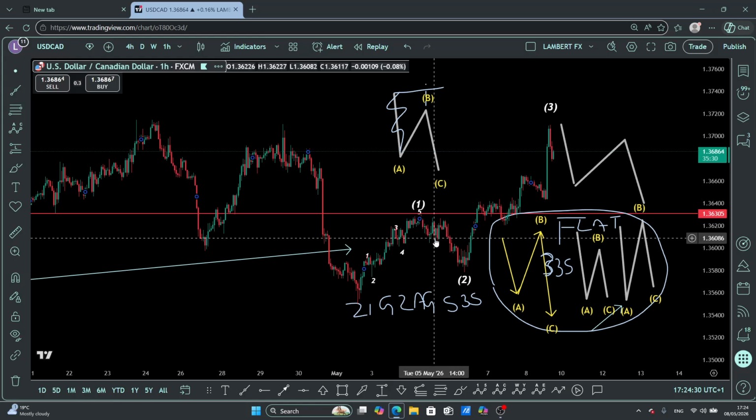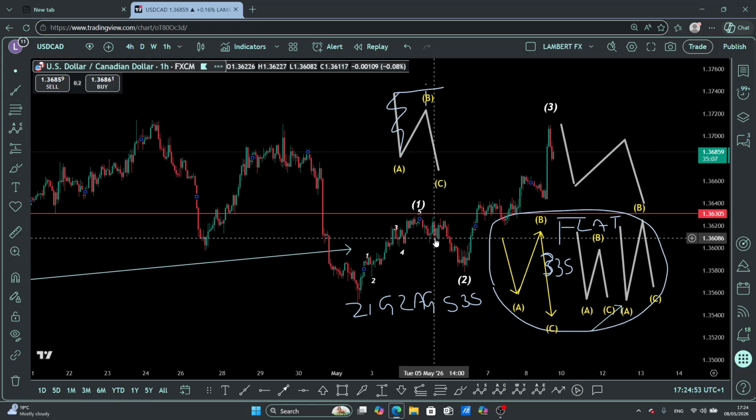But in general we have three types of corrective structures. We have the flat, we have the zigzag, and then we have the triangle. Those are the three types of corrective patterns that we have in the Elliott Wave Principle. Having said that, we can have double corrective patterns.